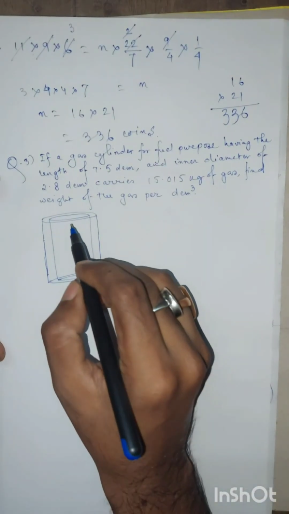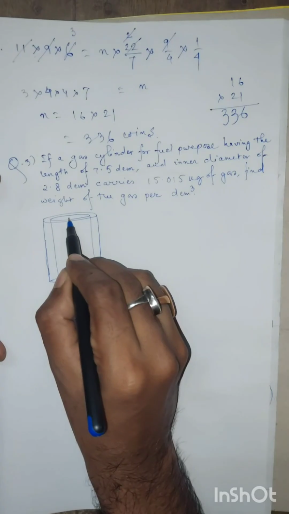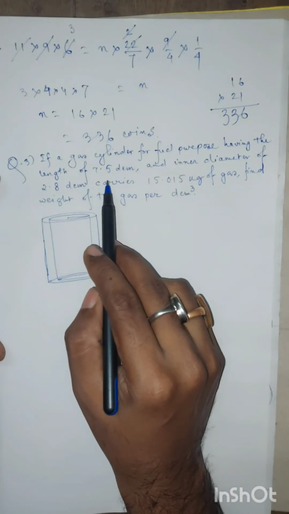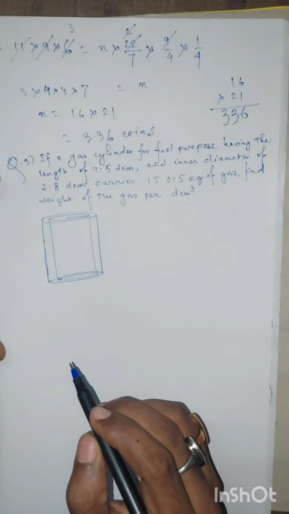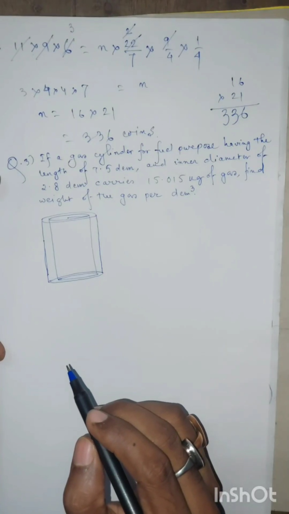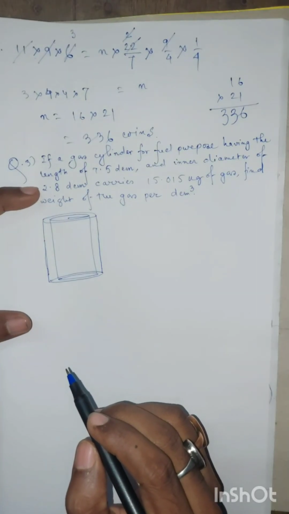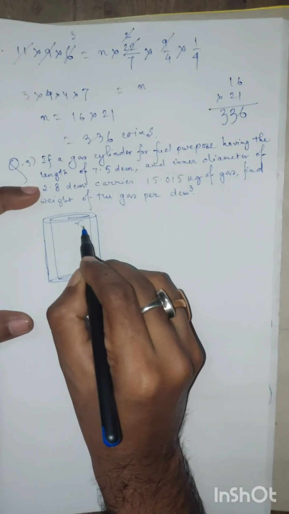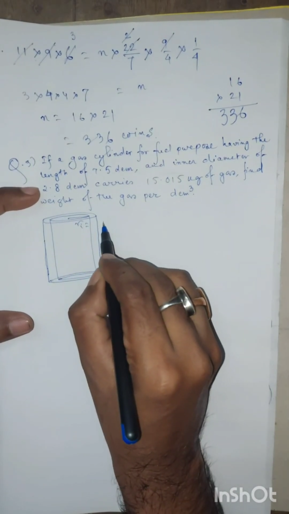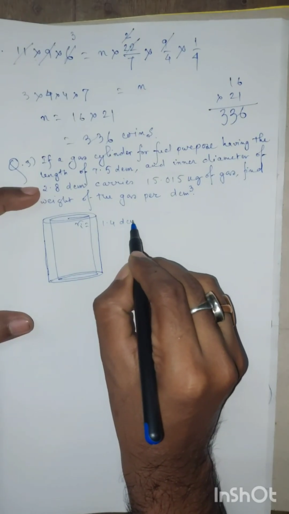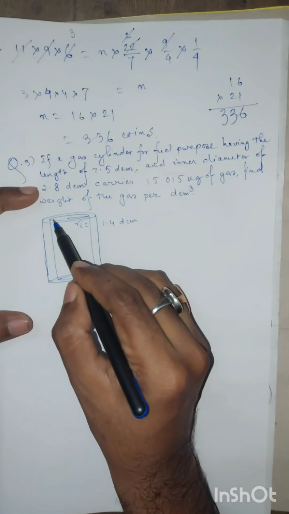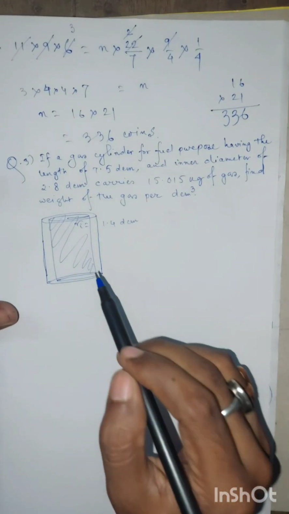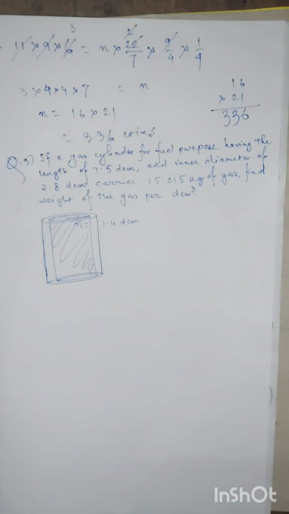So we are going to consider only the inner radius. So inner diameter is 2.8 decimeter. So the inner radius Ri should be equal to 1.4 dcm. Here only inner dimensions are considered because the gas is filled inside the cylinder.